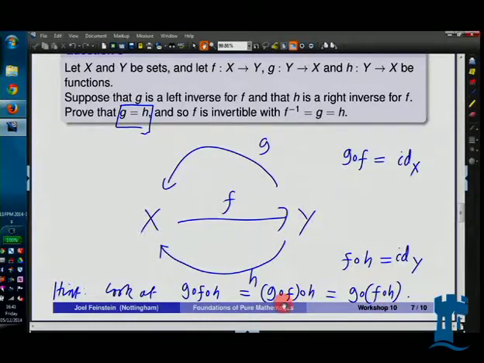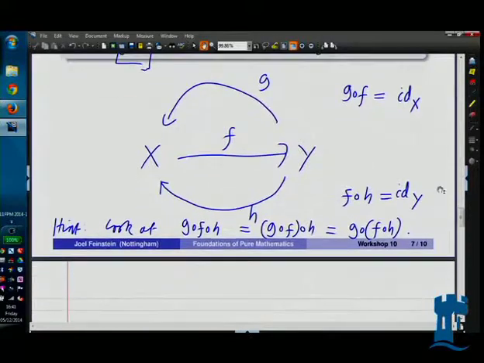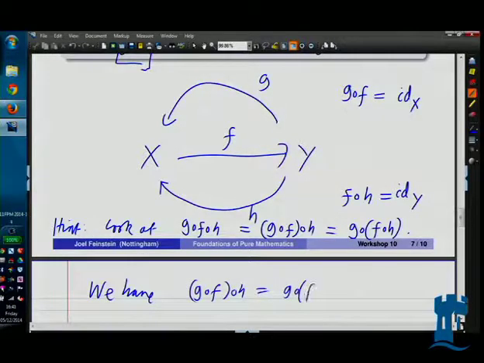However, we know that g composed with f is the identity on x, and we know that f composed with h is the identity on y. So we can use that. We have g composed with f composed with h is equal to g composed with f composed with h. That's by associativity of composition.